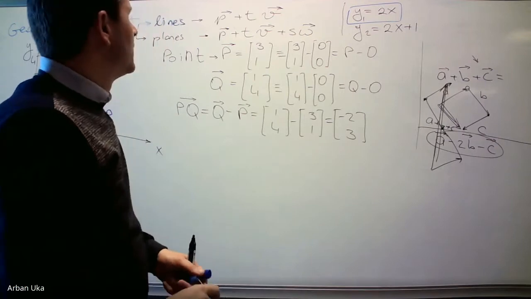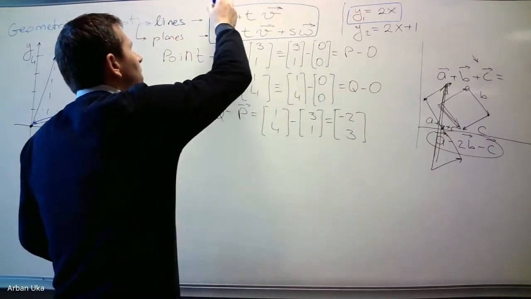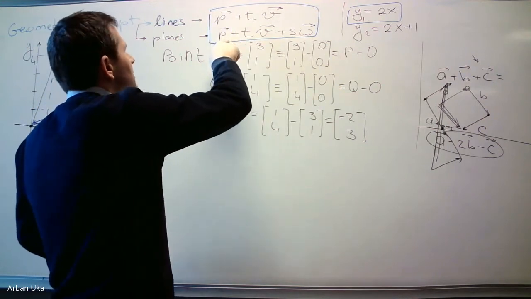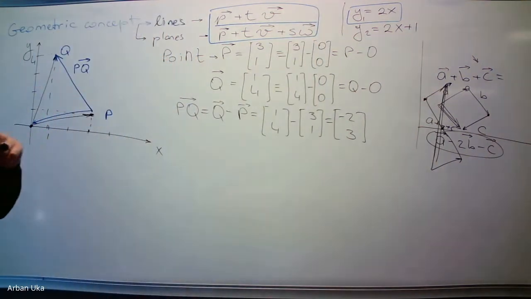Okay, so this kind of representation here, we are expressing lines. Actually, this is a line, this is a plane. For a moment, we can just focus on the equation of the line, okay?